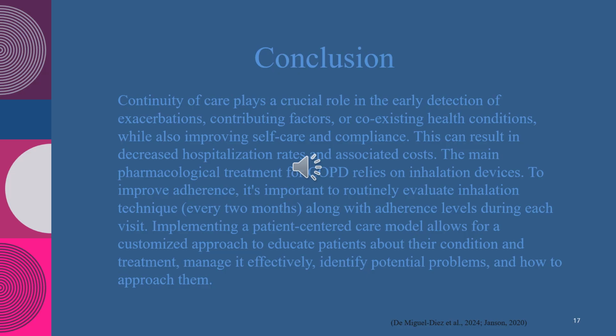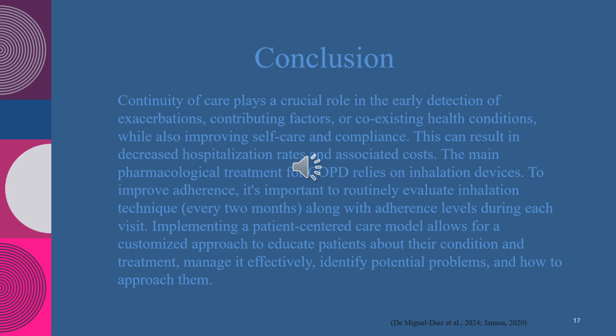In conclusion, continuity of care plays a crucial role in the early detection of exacerbations, contributing factors, or coexisting health conditions, while also improving self-care and compliance. This can result in decreased hospitalization rates and associated costs. The main pharmacological treatment for COPD relies on inhalation devices.